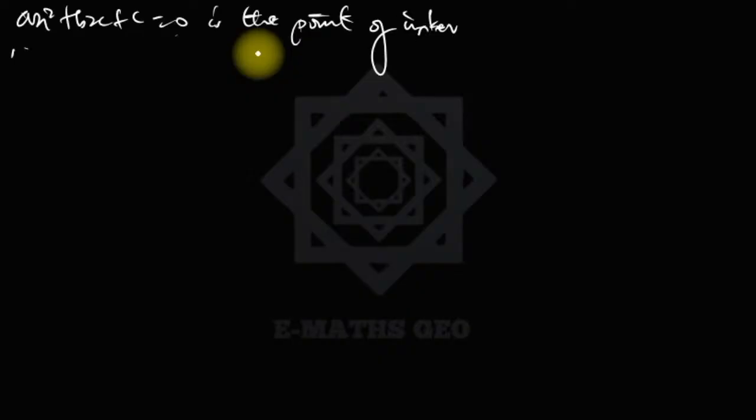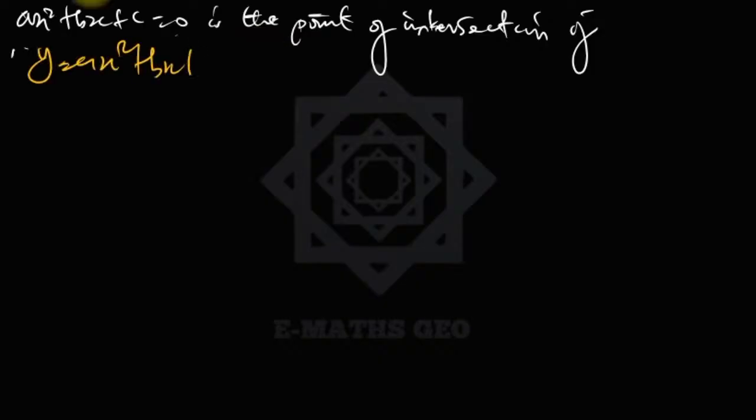So ax squared plus bx plus c equal to 0 is the point of intersection of the first curve, which is what we are given, y equals ax squared plus bx plus c, and y equal to 0, and y equal to 0 is the x-axis.